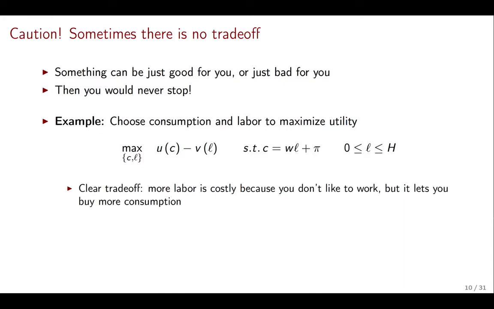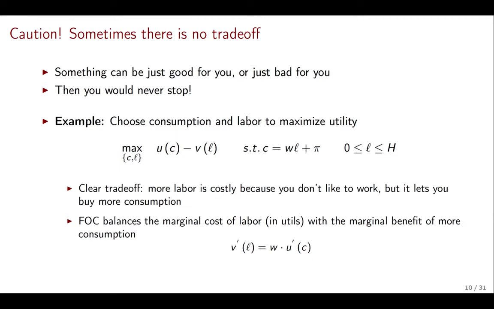And so you want to trade off these two things by balancing in your first order condition the marginal cost of labor, that's in utils, that is this term over here, with the value of the marginal benefit that you're going to get. So because you worked, you got W extra units of income that you can use for consumption, and you value that additional consumption with your marginal utility of consumption. Okay, so you want to value those two things, and the point here is going to be to find that optimal level where you're exactly balancing the cost and the benefit.